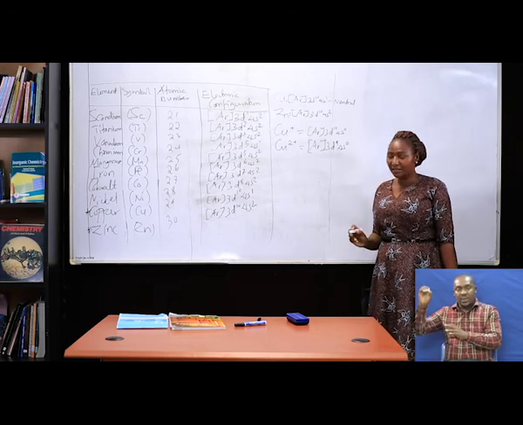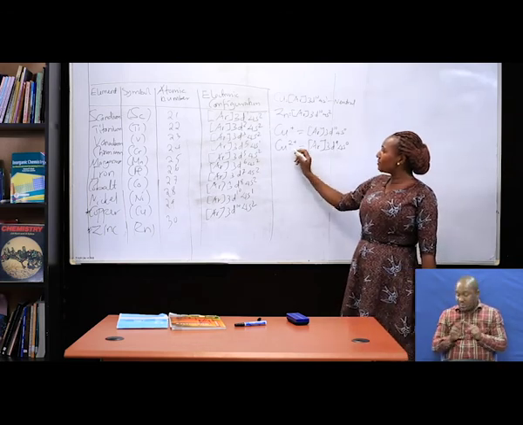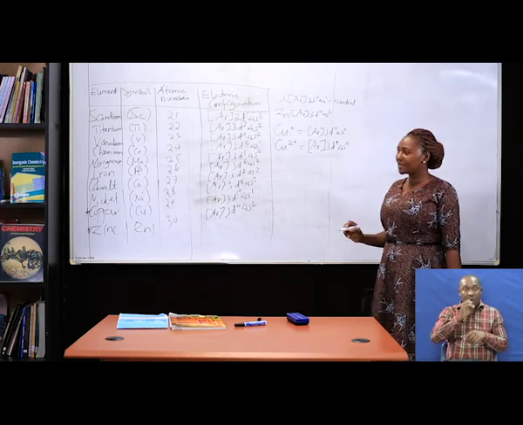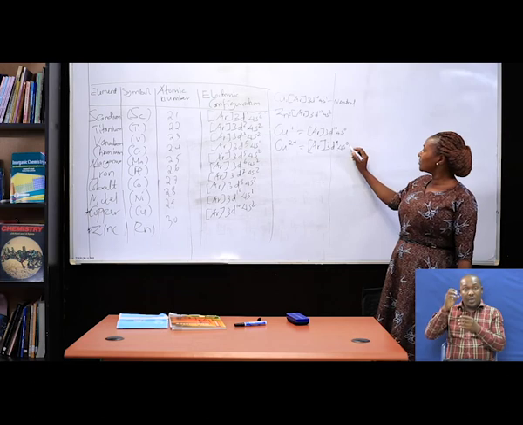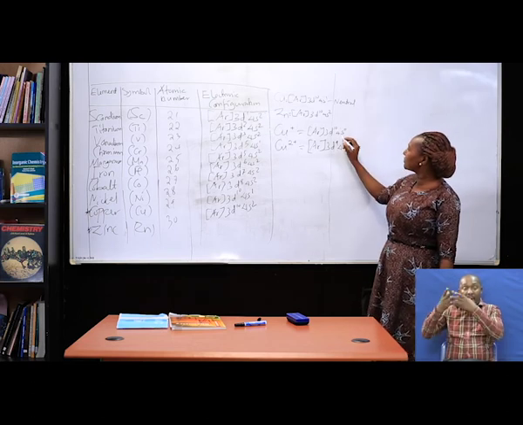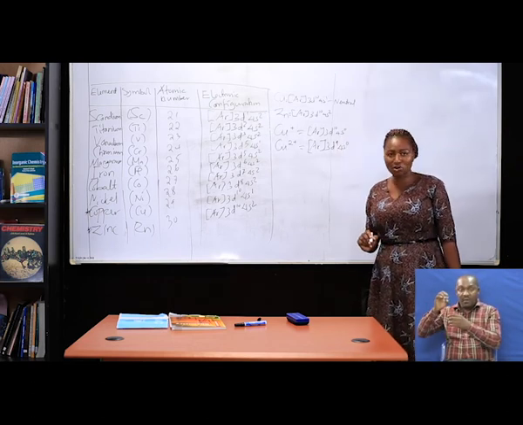That means when we say copper 2 ion, 2 electrons are lost, 1 from s and 1 from d orbital.